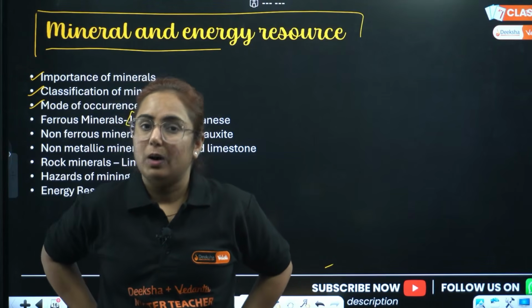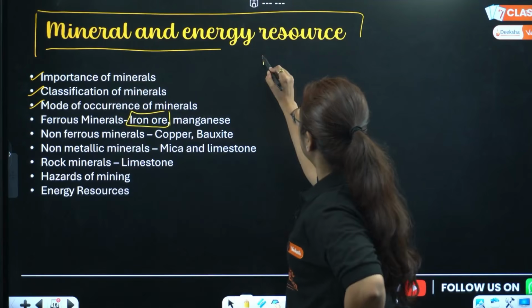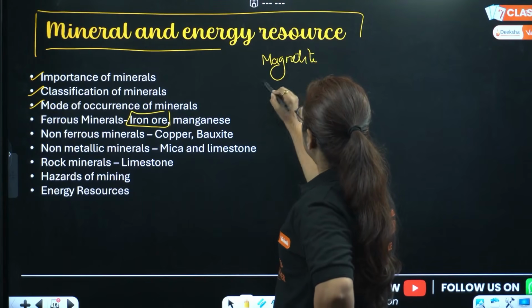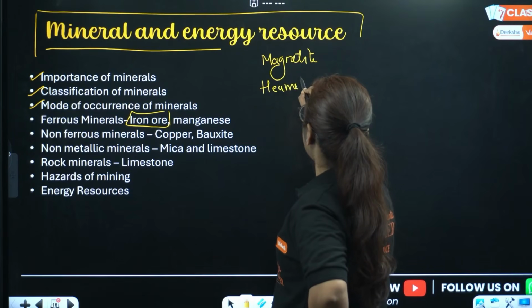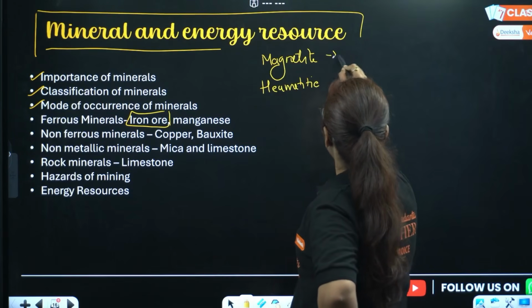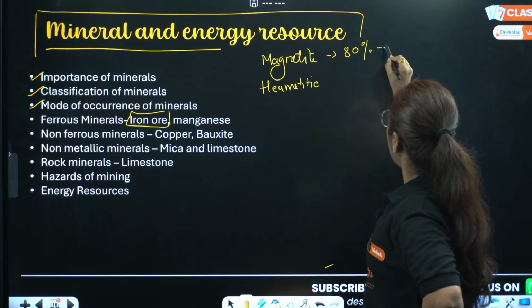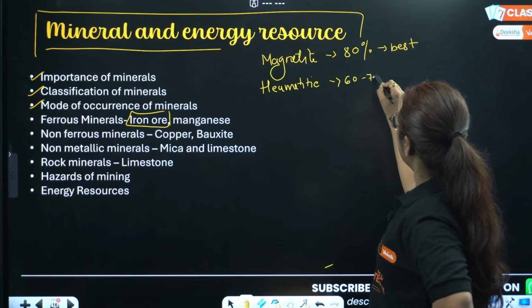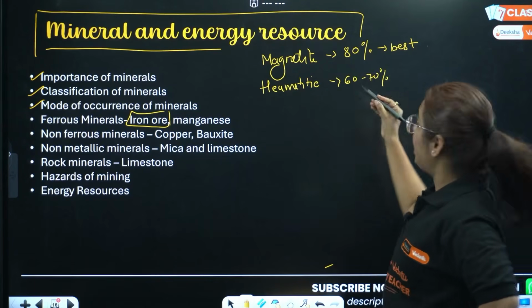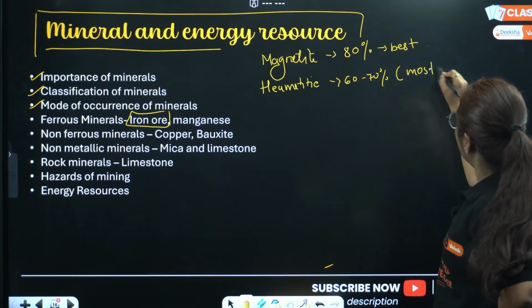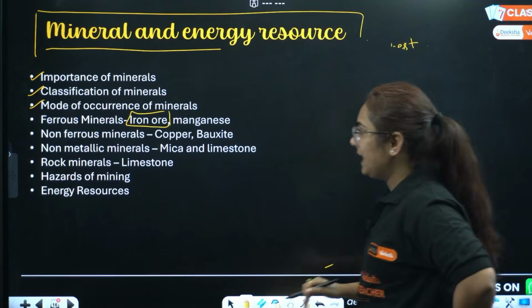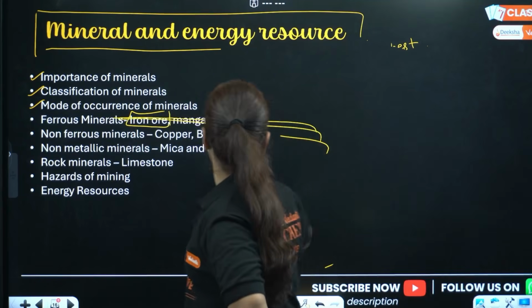One is magnetite. Then there is hematite. Here there is like 80% of iron, and this is the best type of ore. Here there is 60 to 70% of iron. However, the most used one is this, because this is the most available one, right?